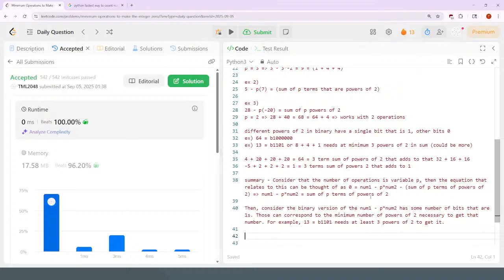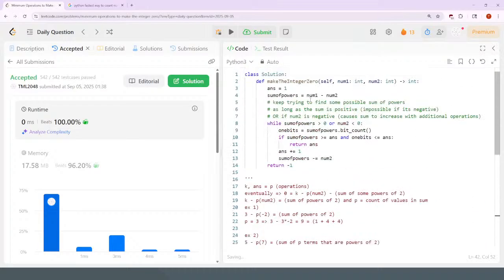Thus track the value of num1 minus p times num2, which is the sum of powers.